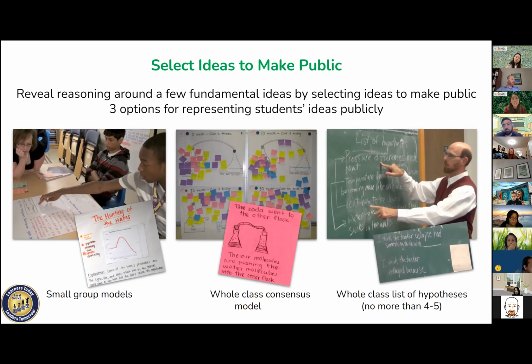Maybe it's a whole class consensus model we're going to work on, or we look at the possible hypotheses, 4 or 5 of them, and then work through them to see what works, what doesn't, what can be supported, what is refuted, and really just build up on these public ideas. And I keep saying that word, but validate their thinking.